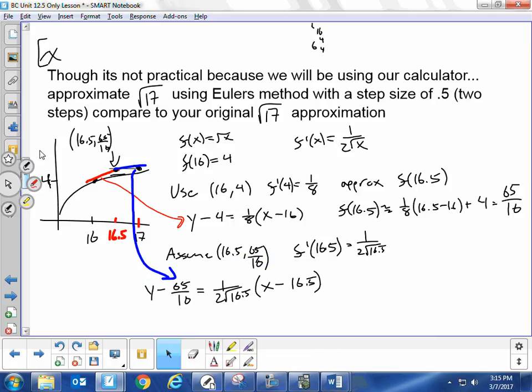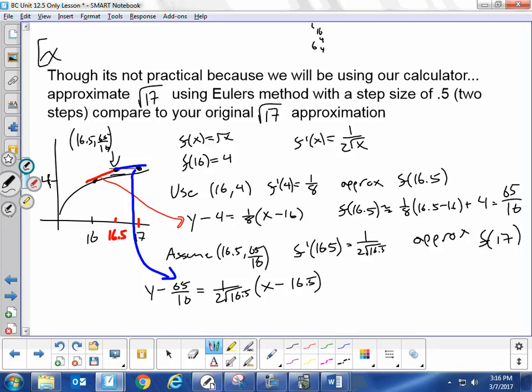We will use this to approximate f of 17. So I'd say f of 17 is approximately 1 over 2 root 16.5 times 17 minus 16.5 plus 65/16.